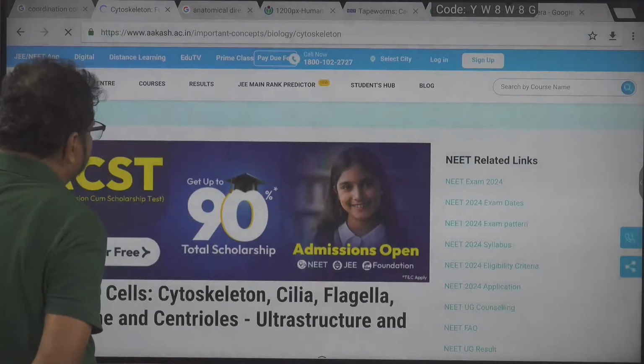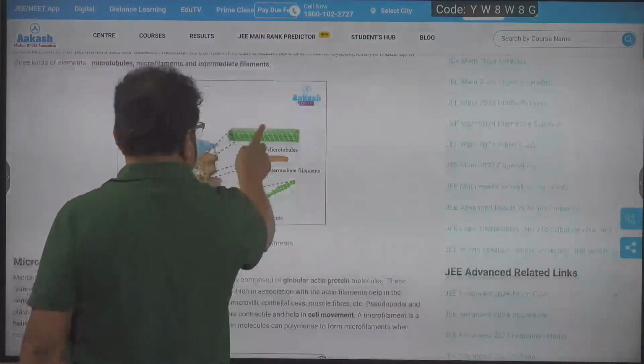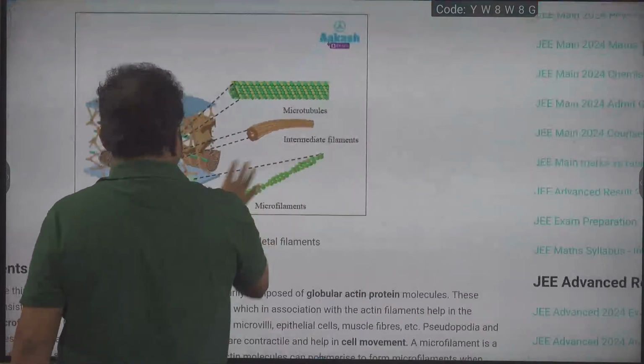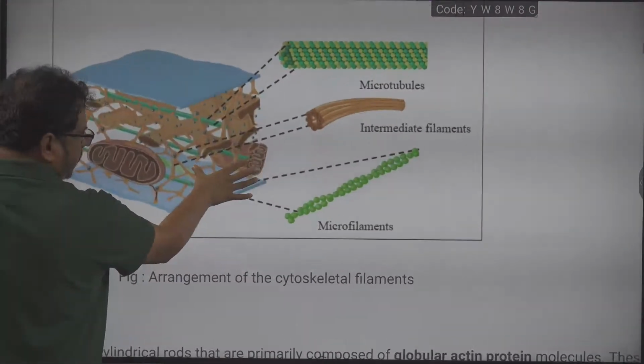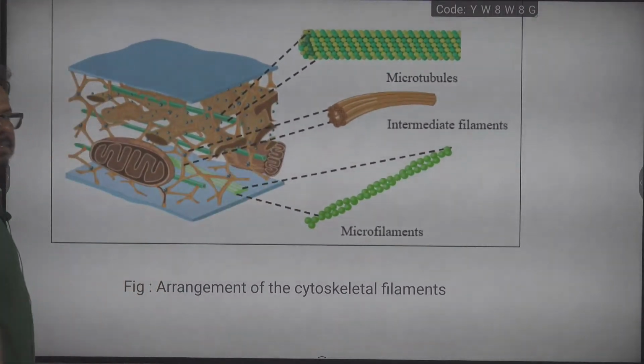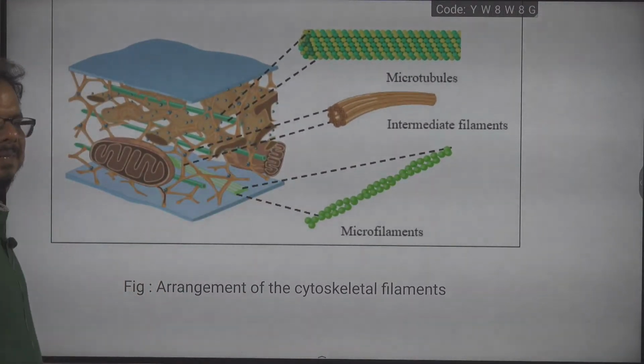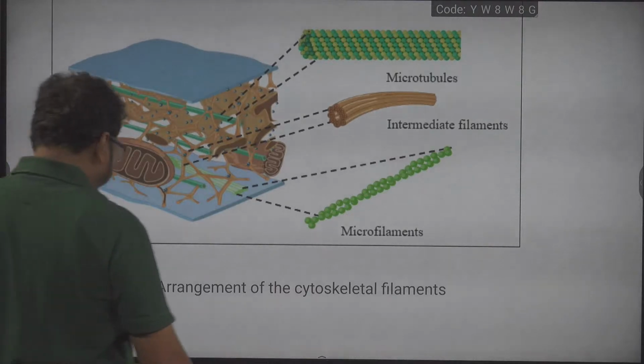Simply see this diagram. This is the cytoskeleton. Is it visible to you? How is it looking inside the cell?